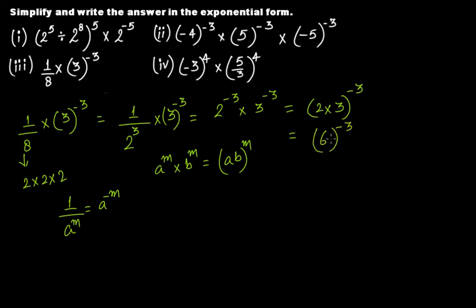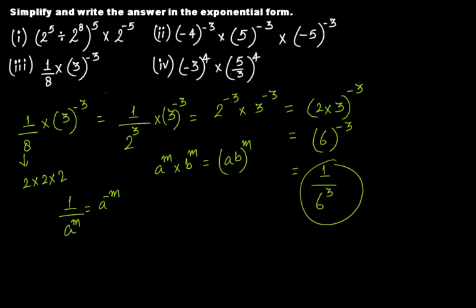Now, this can be written as 1 by 6 raised to power of 3. Right? So this can be further simplified. Okay, this has to be written in the exponential form, so you cannot further simplify it because here it should be in the exponential form.